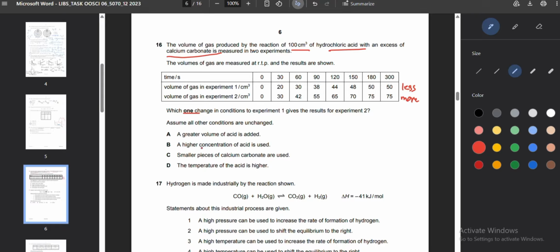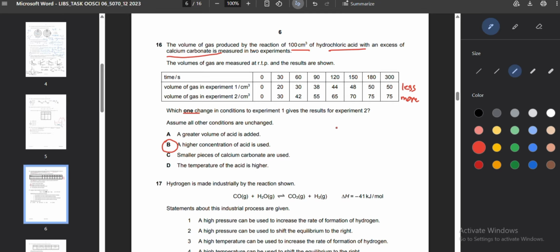Then B is a higher concentration of the acid used. Again, this is also related to the previous MCQ. As I told you before, a higher concentration of acid will result in more successful collisions. So the rate of reaction would increase.